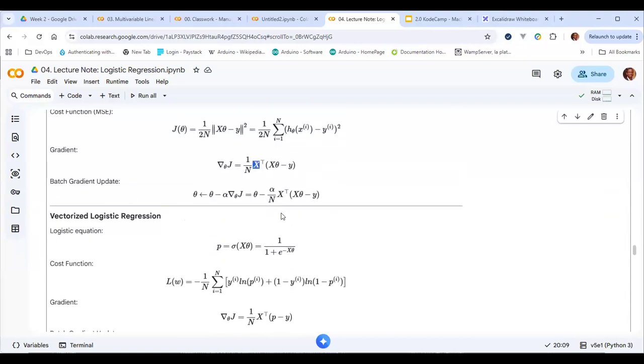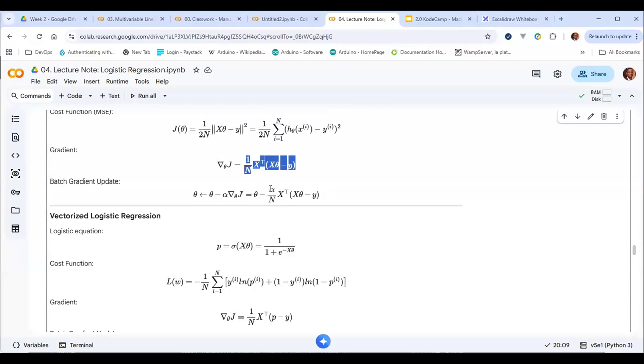So, and then the gradient update again is represented that same way, so that you can actually update every single parameter in a single go by just taking the X transpose. This X transpose (X theta minus Y) divided by N is the same thing as this. So it's basically the gradient. The gradient is going to be, for every parameter, there will be a single value, right?